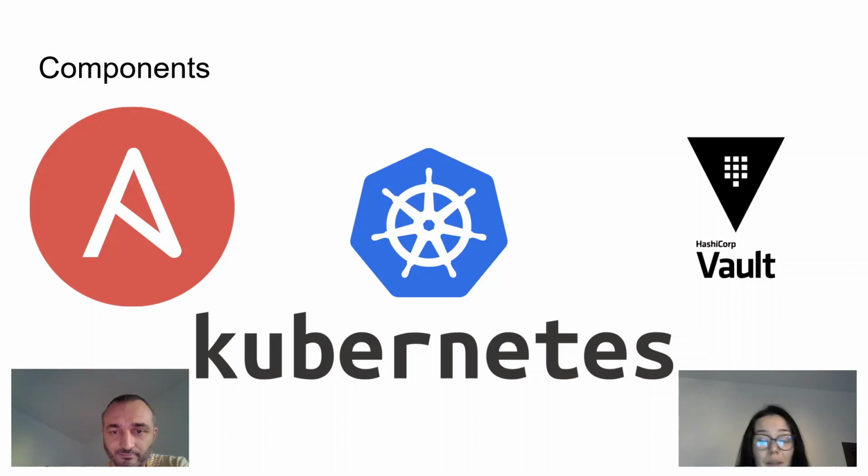Ansible was the second component of our demonstration. It is an open source automation tool used for IT tasks such as configuration management, application deployment, intra-service orchestration, and provisioning. Ansible aims to provide a simple yet powerful way to automate multi-tier IT application environments.